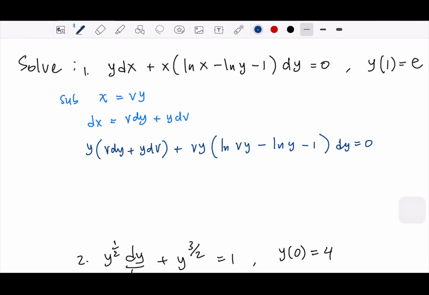I think we can simplify this, right? We can cancel this y. So it's ln phi minus 1, and I think we can simplify the others as well. Now let me skip some part, and this will be y d phi.